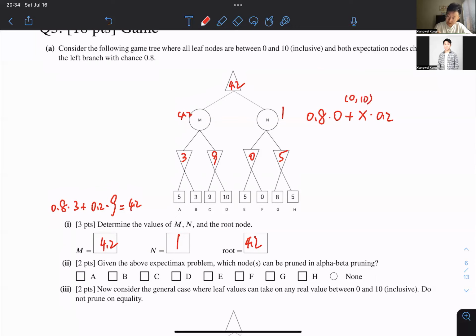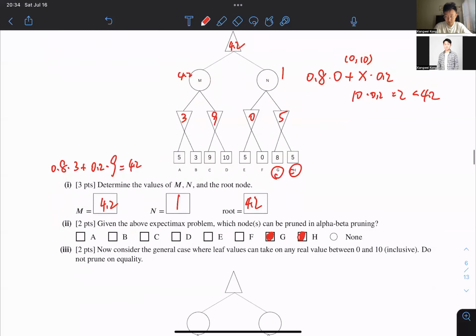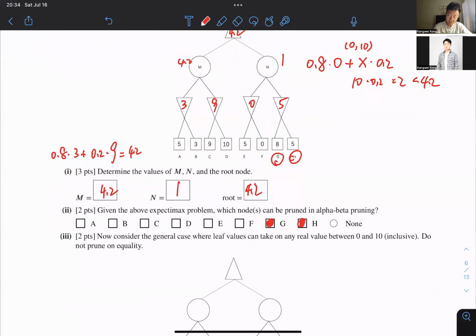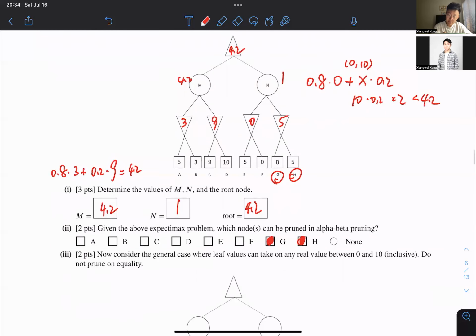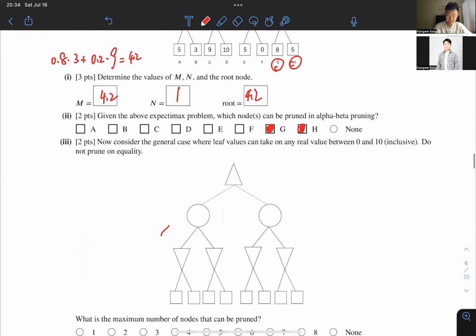So if we give x the maximum value 10, even if x is 10, 10 times 0.2 will be 2, which will be less than 4.2. And so we will prune G and H. We don't need to look at G and H because the maximizer will definitely choose the left branch.